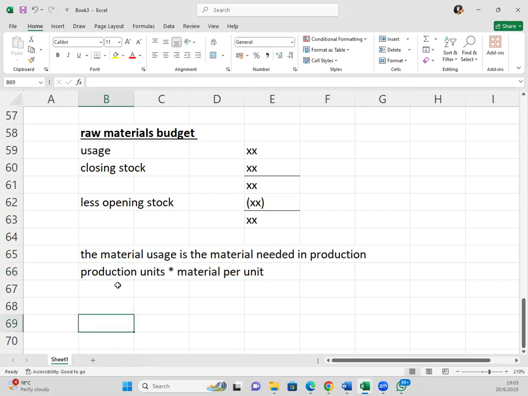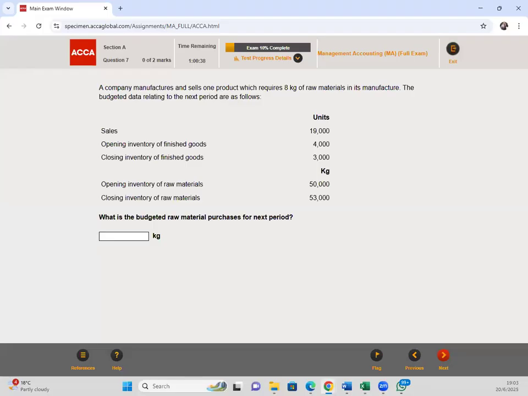So in this case, let's go back to the question. Were we given the production units? I can see we have the opening stock of raw materials and the closing stock of raw materials. We are not told the units produced, but we are told that each unit used 8 kgs. So if you are not given the units produced, you have to work out the units produced.